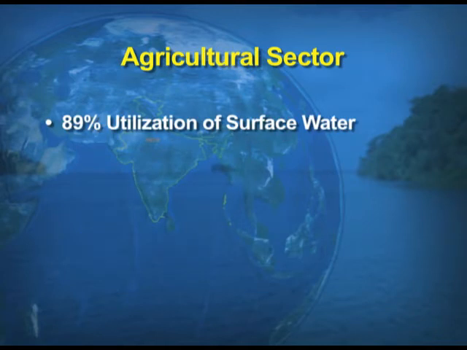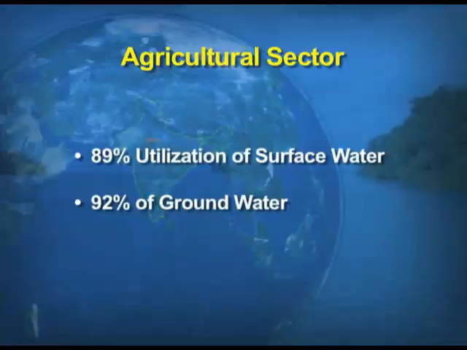You can see that the agricultural sector uses 89% of the surface water, and that is the first largest sector which uses that much high amount of the water. And as far as the groundwater is concerned, the agricultural sector uses 92% of the groundwater as well.